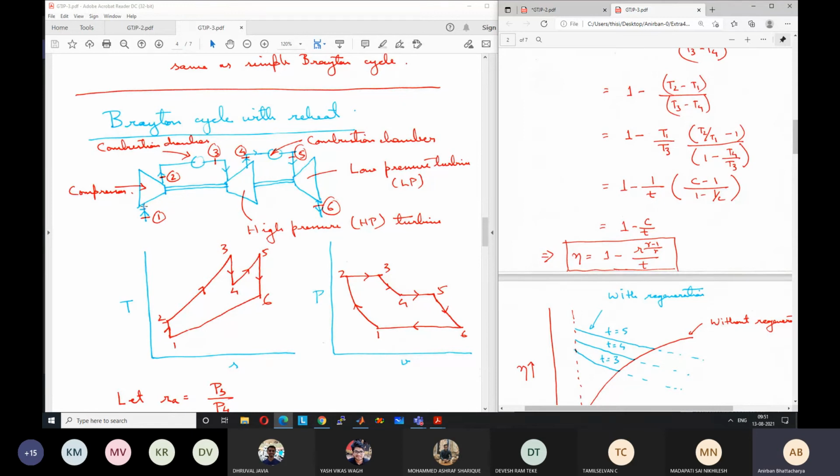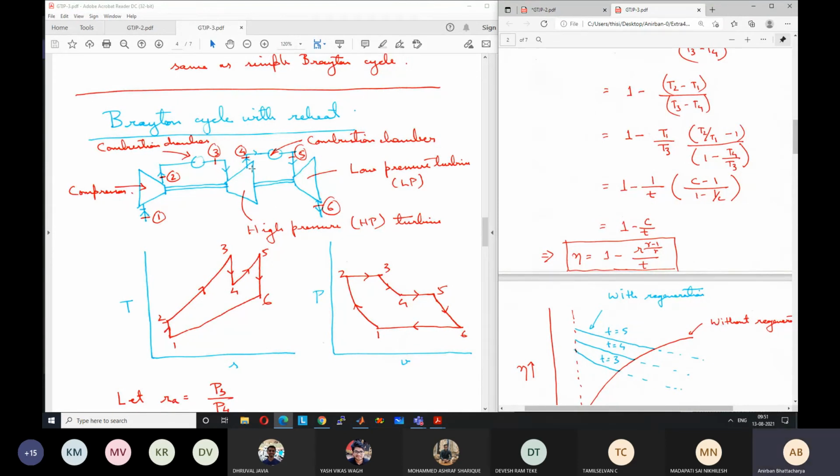So we have a compression process, the compressor. Then we have the combustion chamber where the heat addition takes place. Then we have the expansion in the turbine. After expansion in the turbine, we do not expand up to the inlet pressure.